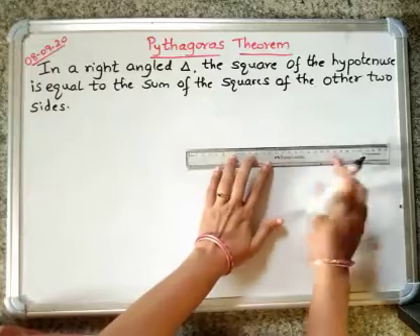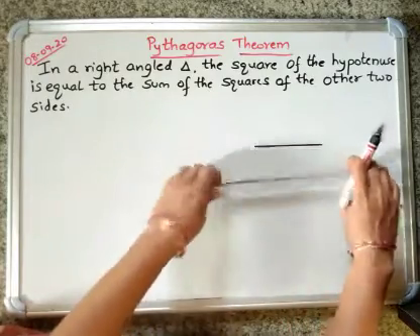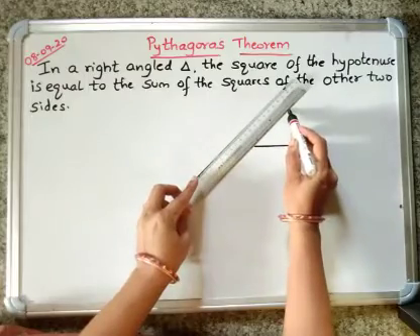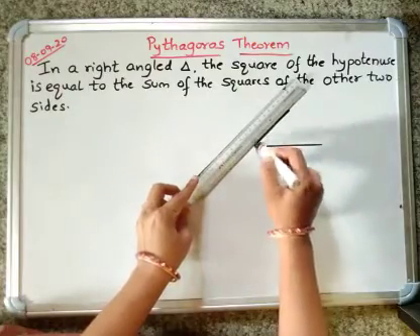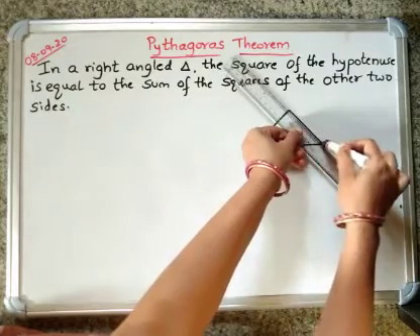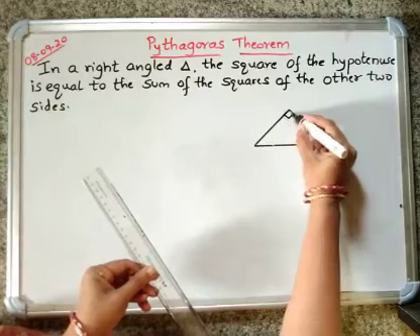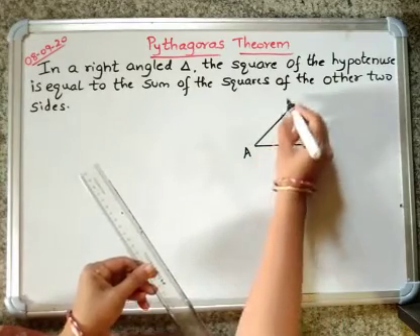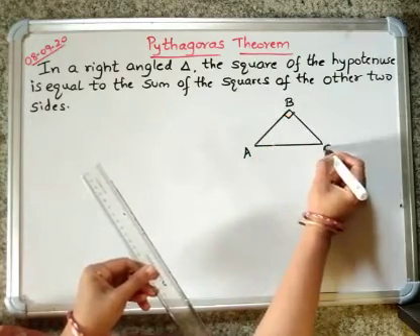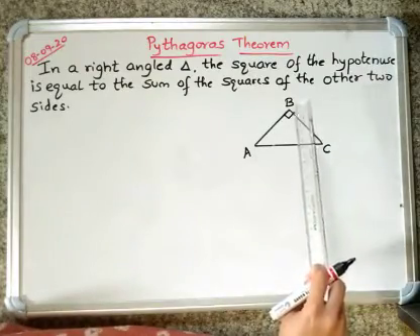Here I am drawing a right angle triangle, where the right angle is formed at a vertex. So see children clearly, the right angle I have drawn at the vertex, and I am naming the triangle ABC. So the right angle is at B.